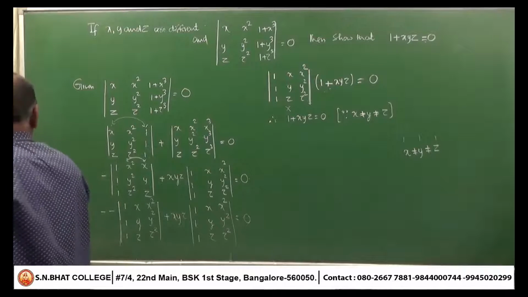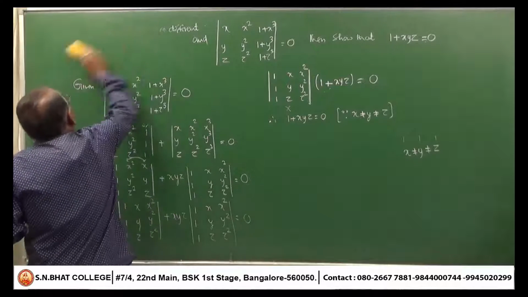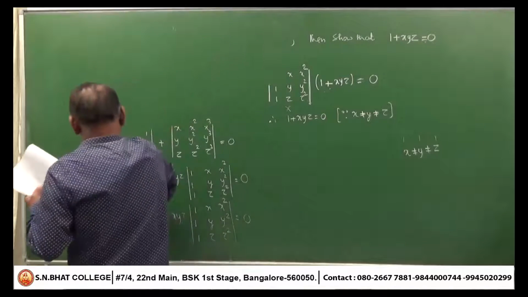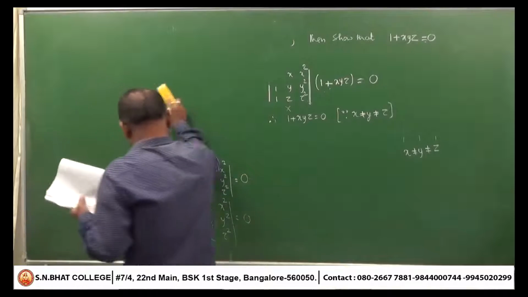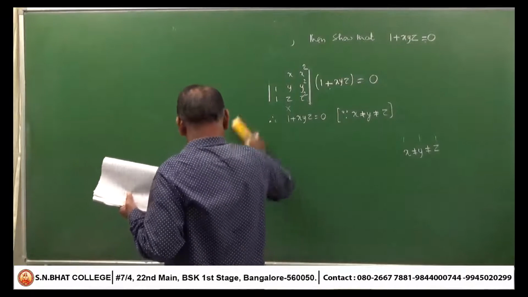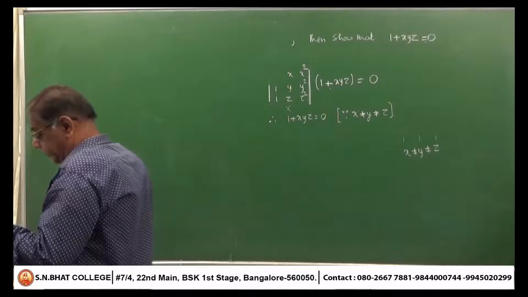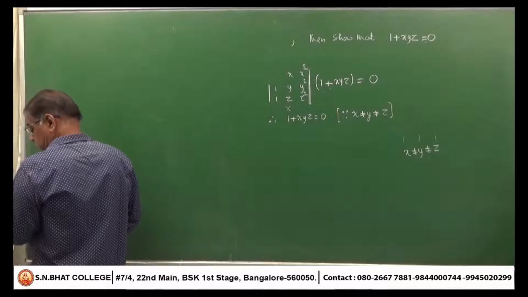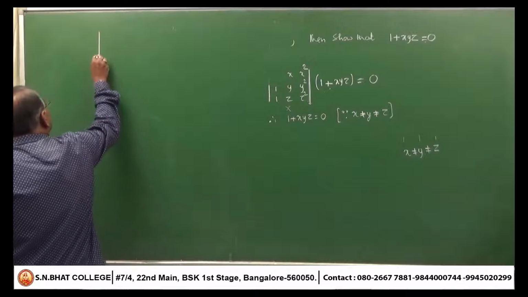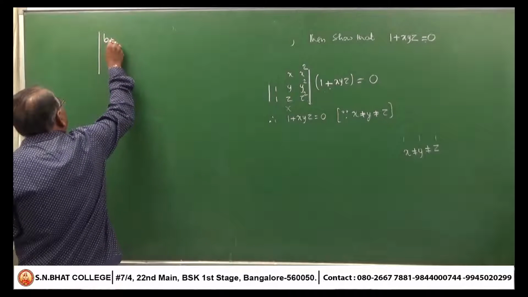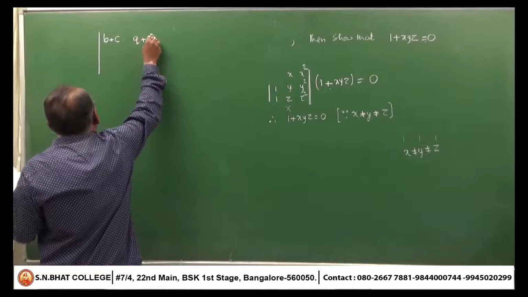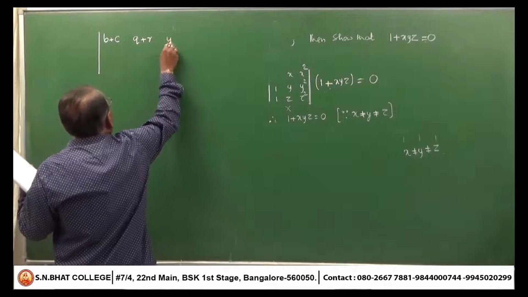Next problem is the determinant of first row b plus c, q plus r, y plus z.